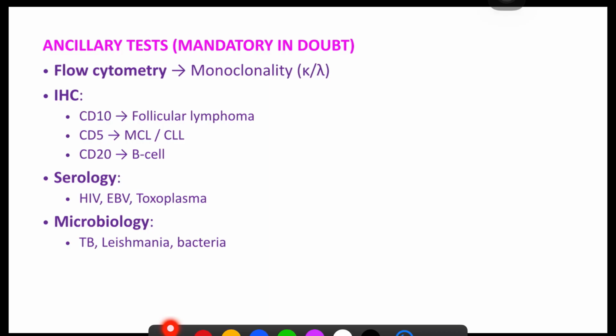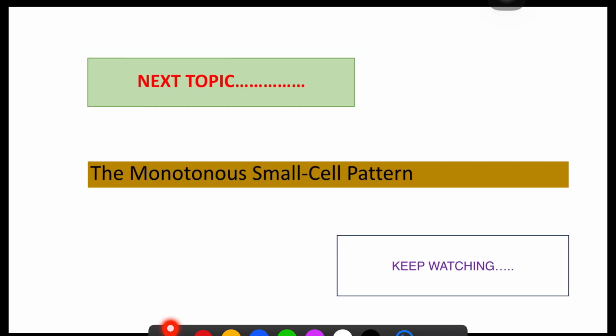And always look for key clues like tingible body macrophages, plasma cells, absence of atypia, and in doubt, rely on ancillary tests. So mastering this pattern will help you avoid one of the most critical pitfalls in lymph node cytology, missing a lymphoma. So thank you, and keep observing, correlating and diagnosing with confidence.